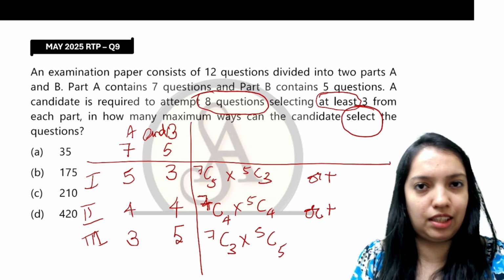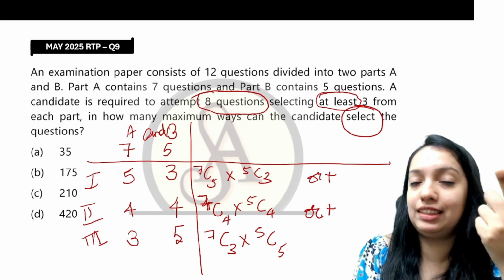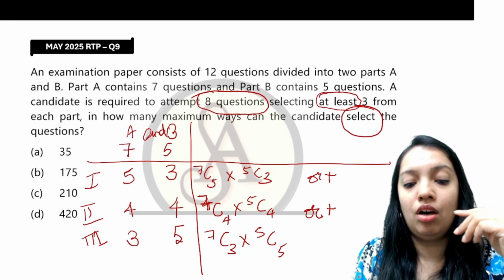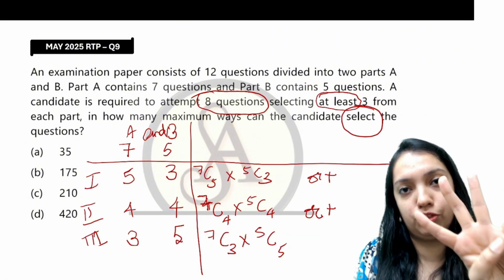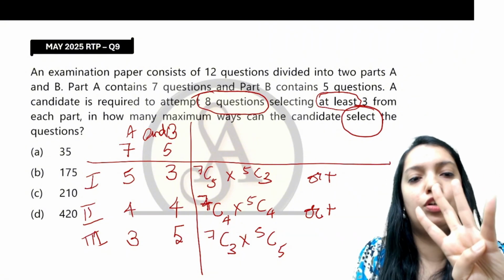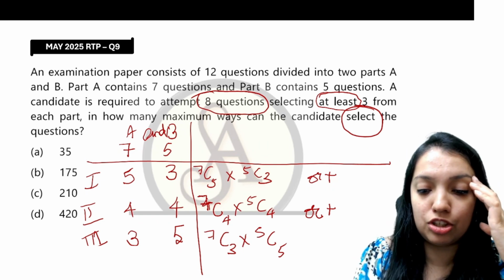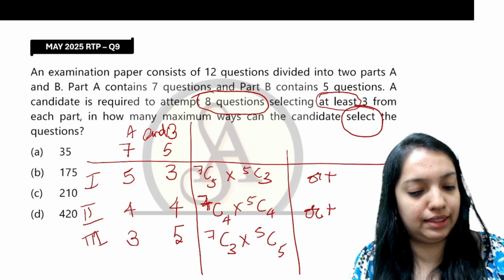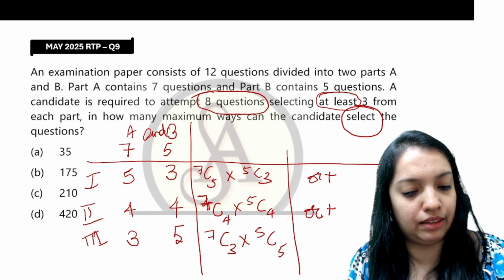And when you actually sit and do the calculation in detail, 7C5, 7 into 6 divided by 5 factorial, 5 into 4 into 3 into 2 into 1, or 7C4, 7 into 6 into 5 into 4 divided by 4 into 3 into 2 into 1. So like this, when you sit and do the calculation, you will end up getting 7C5 into 5C3 value. Just a minute, I'll do that on my calculator.